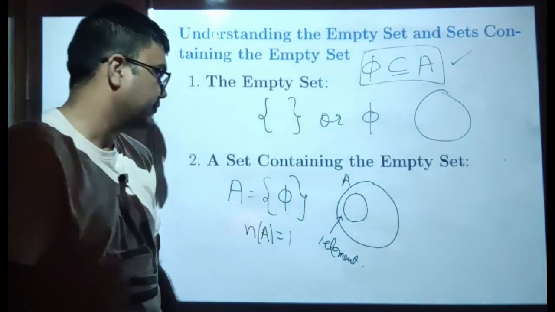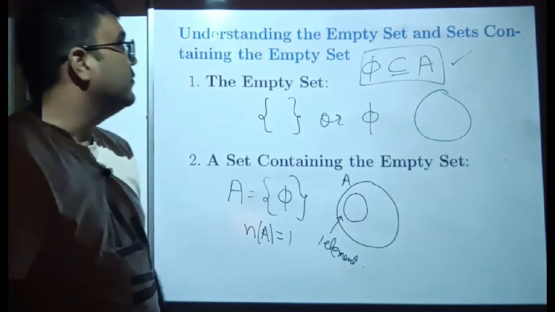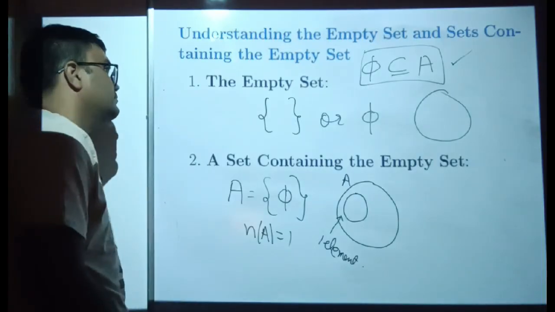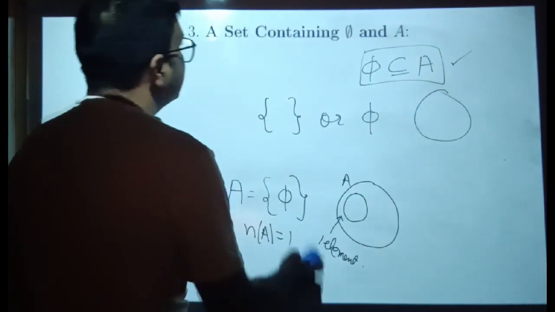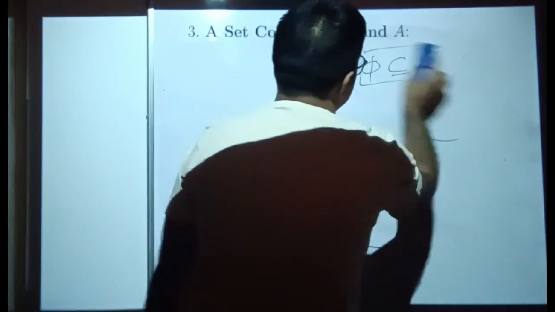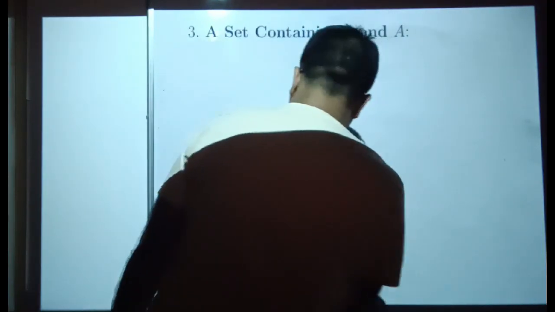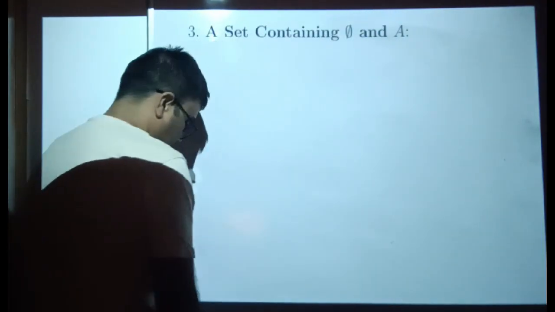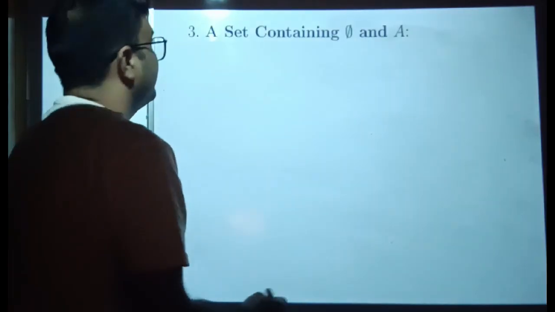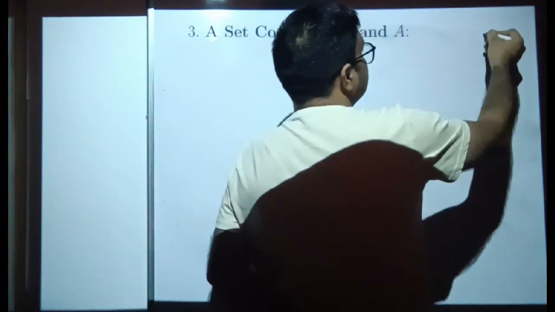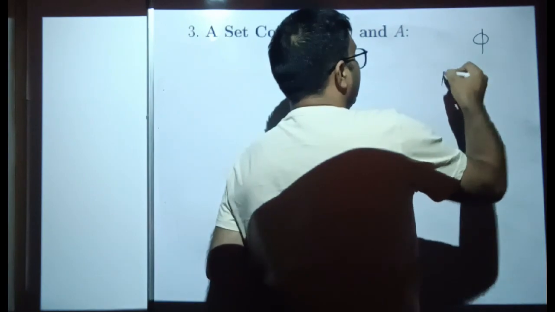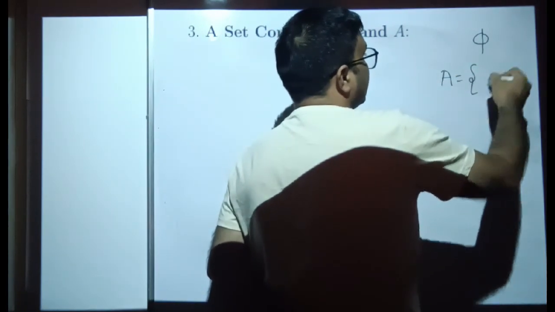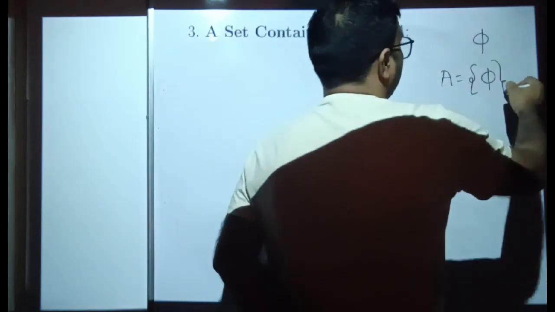Now moving further, a set containing phi and A. Now we are talking about the set. We have started with the set phi. We have defined a set A. A contains the element phi.